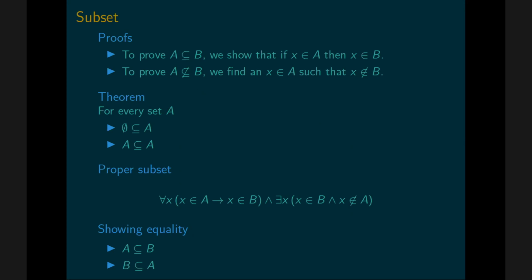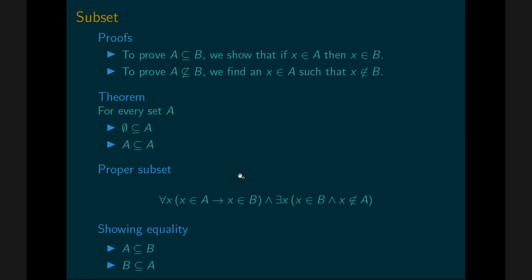And if we want to prove that something is a subset, we show that if x is in A, then it's also in B. If we want to prove that it's not a subset, then it's enough to find one x in A such that x is not in B. Okay, and we know that for every set, the empty set is a subset, and the set itself is a subset. A proper subset is a subset that is not the empty set or itself.